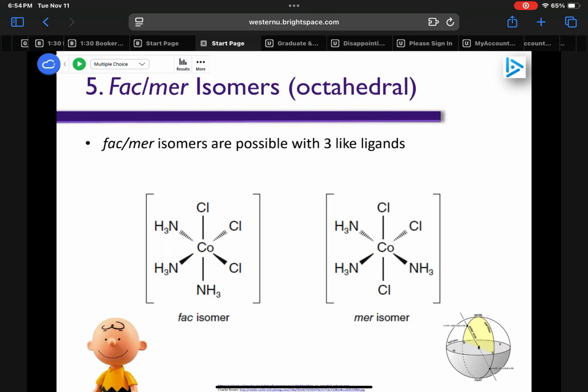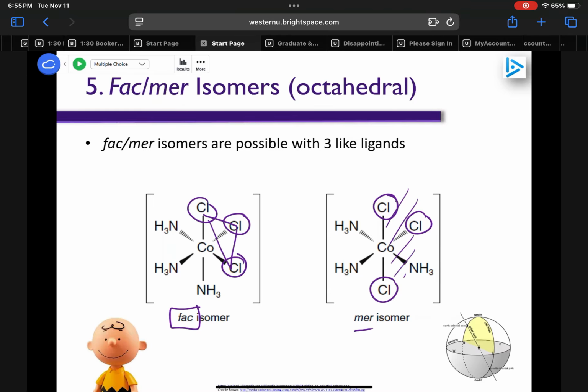The fac isomer is when all of them are in close proximity, making a 3-dimensional conglomeration. So here we have our chlorides on a plane, making a meridian, or our chlorides jumping out in 3-dimensional space to make our fac isomer.